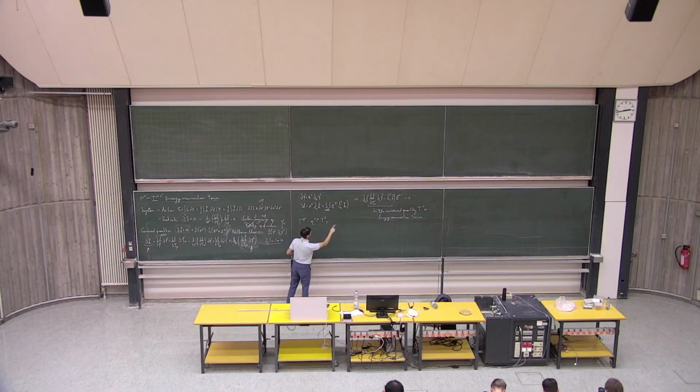Okay, you see, I have that guy, and I raise the index, I obtain this quantity, which is the derivative of the Lagrangian with respect to the derivative of mu of q alpha, times the derivative of nu q alpha, minus the metric nu mu times the Lagrangian. That's our energy momentum tensor with the two indices on top. And the conservation law, I just spell it down, is the derivative mu of T mu nu equal to 0.